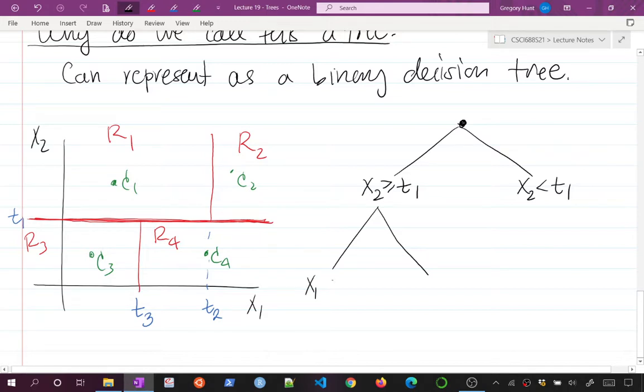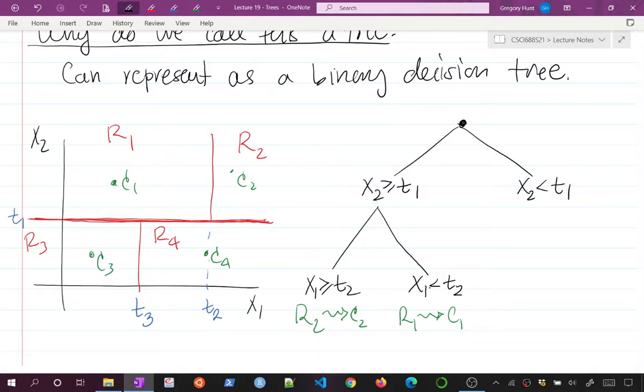So above this middle line, if x1 is bigger than T2, I'm in rectangle 2, and so I'm going to predict C2. If x1 is less than T2, I'm in rectangle 1, and so I'm going to predict C1.